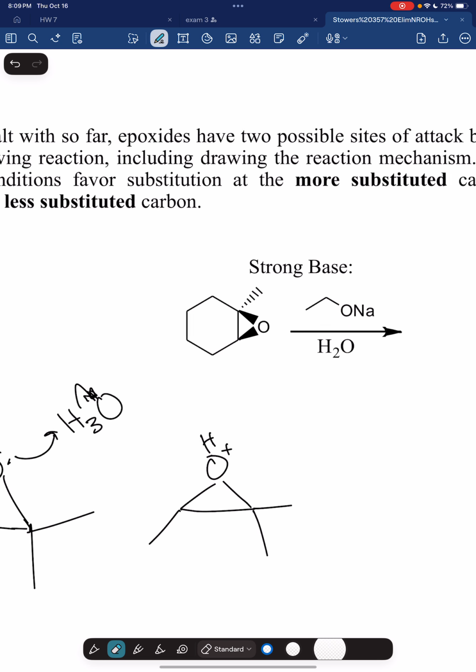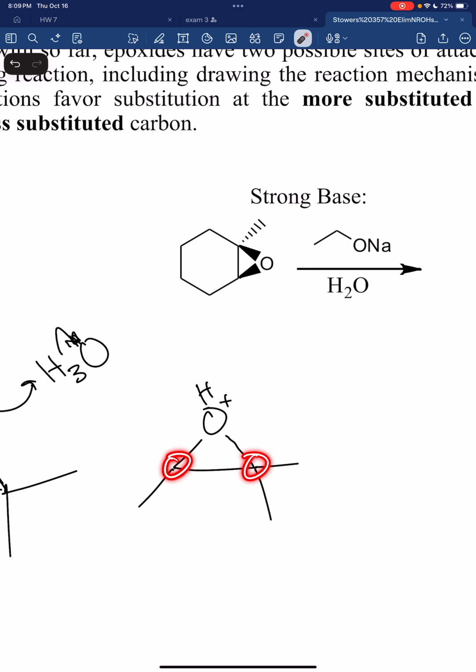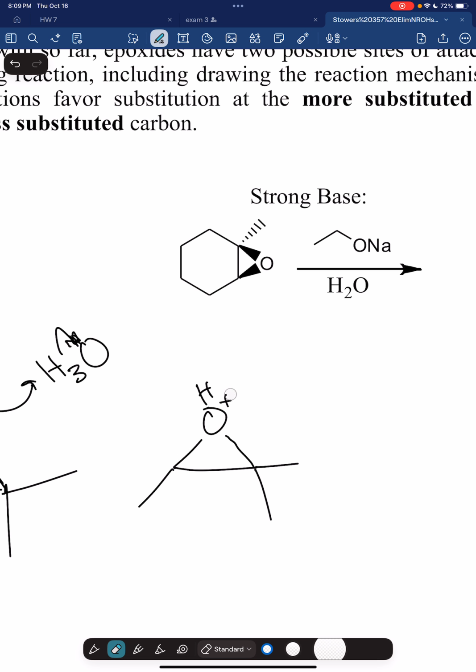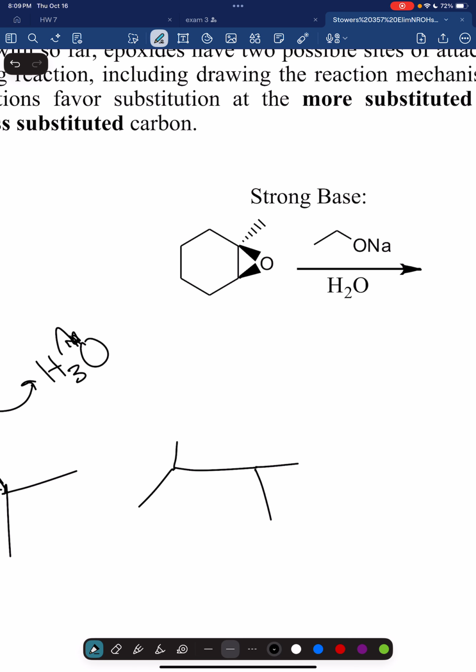Looking specifically at this structure, if you want to think about the sterics and how that positive charge is going to affect the bond between this carbon and this carbon, I like to think that the positive charge will push it farther away from where there are more sterics.